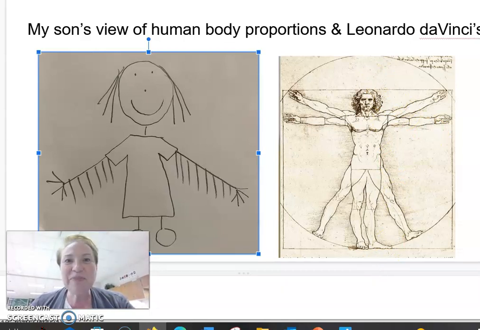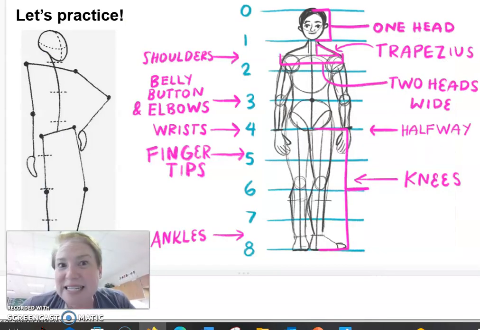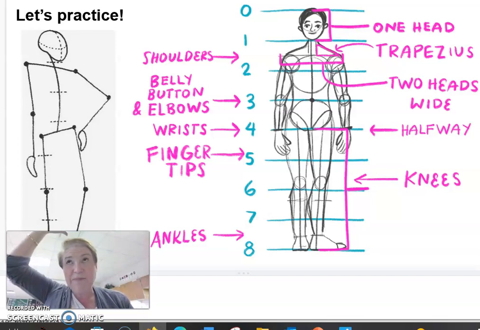Our first step is we're going to start with the basics. We're going to be drawing some stick figures. So at this point, I need you to do a couple things. You're going to think about, if I had to define proportion, how could I define it? Okay, proportion is comparing one part to the whole of something.